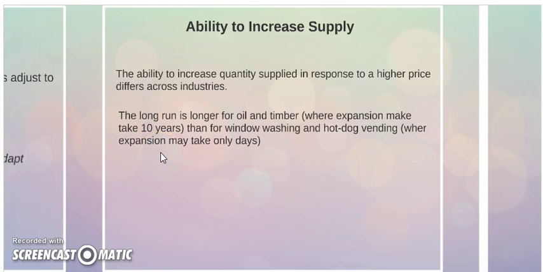The long run is longer for oil and timber, where expansion may take 10 years, than for window washing and hot dog vending, where expansion may take only a few days. Boy, the typos in this presentation are awful. So for oil and timber, we can't increase supply very easily. We have to grow new trees or find more oil. But window washing and hot dog vending, it's not a big deal. You can find a few more hot dog vendors or get some more window washers out there.